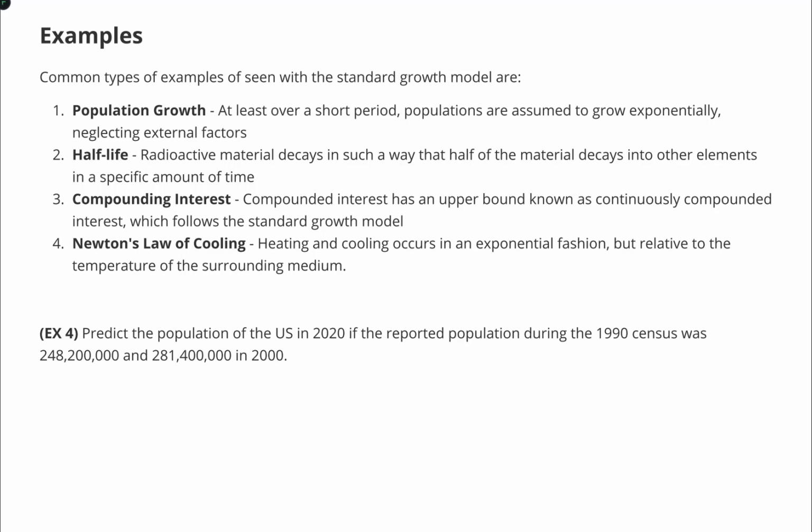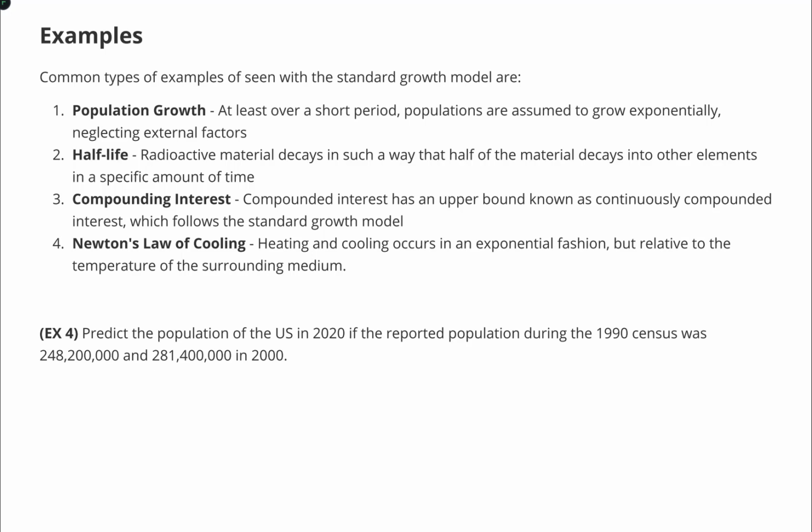Compounding interest, or I guess I should say continuously compounding interest, is the one that runs into the standard growth model. You may have run into examples with this in previous courses, but I wouldn't expect many here.